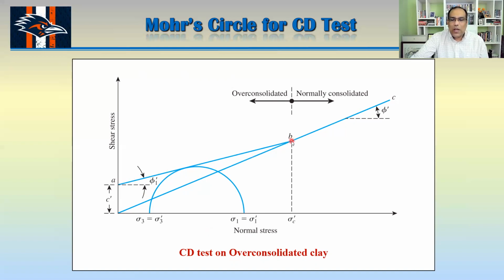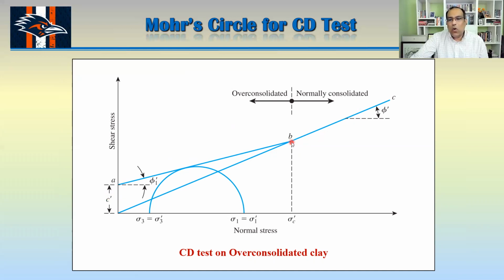Then as soon as we are past the pre-consolidation pressure, then basically this one follows that line here, not like this. Okay, so you can see this is phi1 prime and this is phi prime. So before the pre-consolidation pressure, this one is phi1 prime and you have C prime.